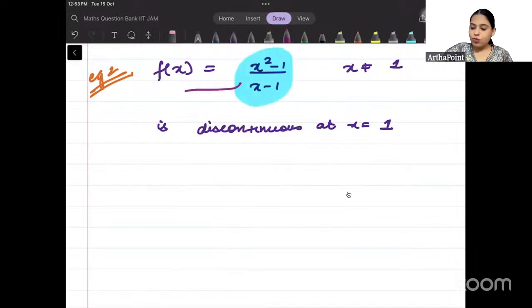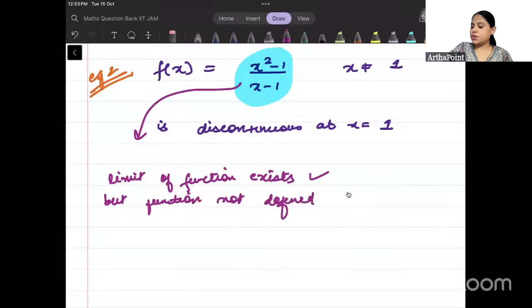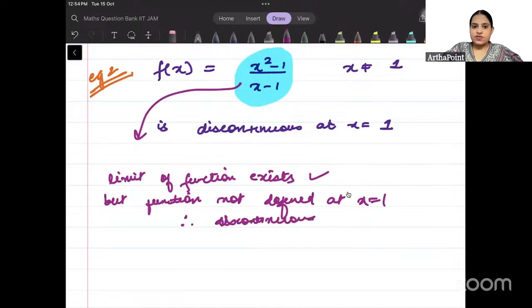So although we proved that the limit of the function exists, the function is not defined at x equal to 1. Therefore, it's a discontinuous function. So it is a discontinuous function here because it's not defined at x equal to 1.